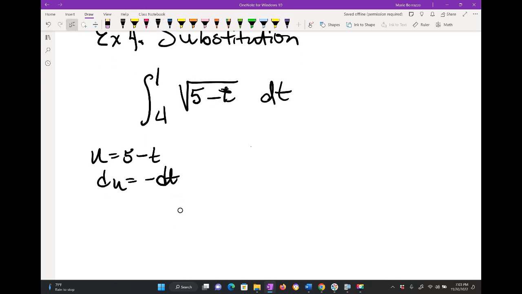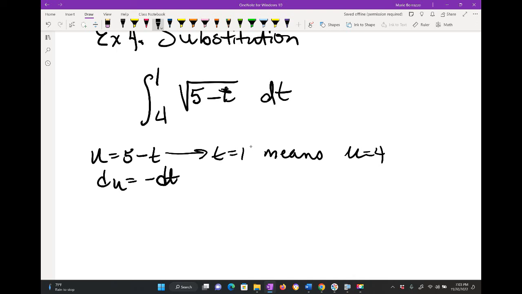All right, so we begin with also the concept that t equals 1 means to us that u could also simply be 4.